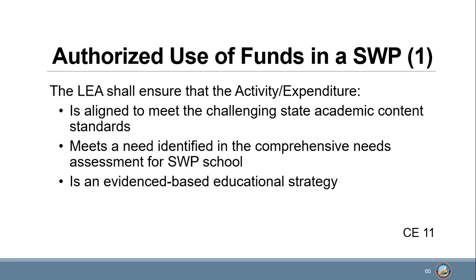That's the purpose of Title I, is to close the achievement gap and help kids meet those challenging state standards. Also, activities and expenditures must meet the needs that have been identified through the completion of a comprehensive needs assessment. All activities and expenditures that are funded with Title I Part A must be a research and evidence-based educational strategy.